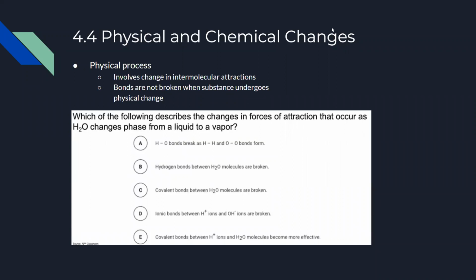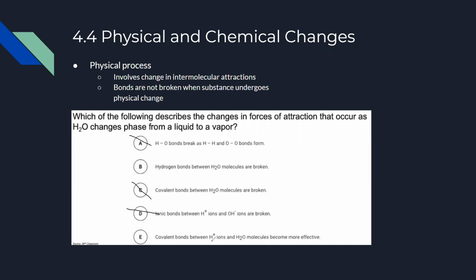For this one, what you have to know is that changing a phase is a physical change, and in a physical change, bonds are not broken. So we can remove A, because it's saying the H-O bonds break. C, as the bonds between H2O are broken, which is false. D, ionic bonds between H plus and OH minus ions are broken.